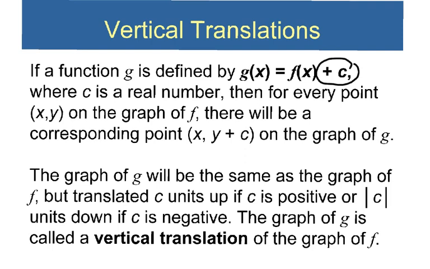So it's similar to our vertical stretches or shrinks. We had a value that was being multiplied to the outside of our basic function. The vertical translation is similar. Instead of being multiplied to our function, it's being added or subtracted to our function.